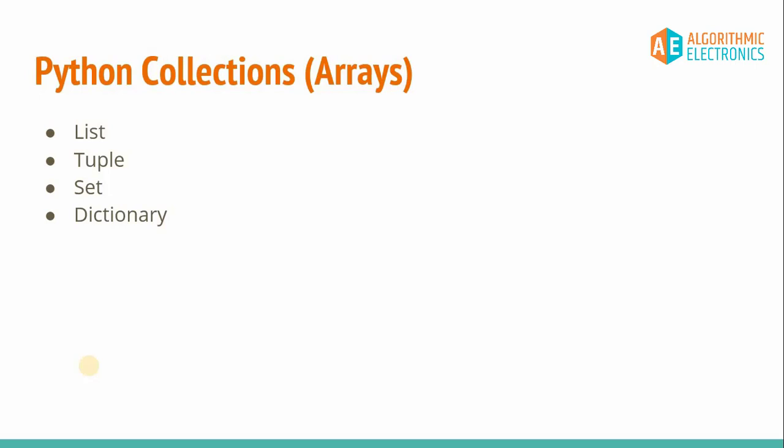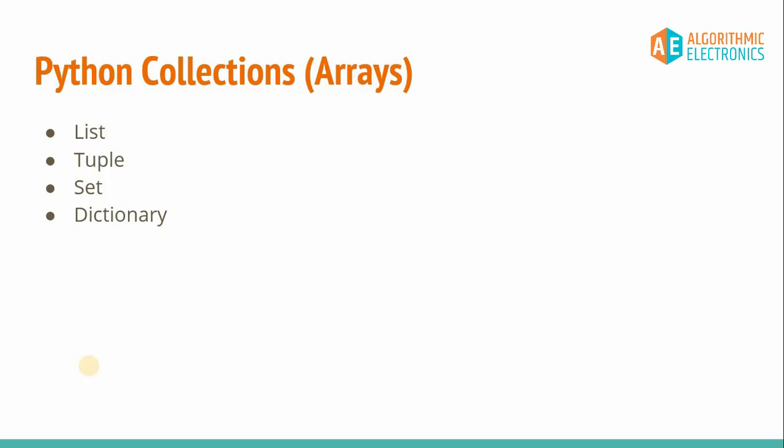This is what happens with normal variables: an integer, a floating point number or even a string variable can hold a single value at a time. But list, tuple, set and dictionaries are called Python collections or arrays, and they are capable of holding multiple values at a time, and we can access multiple values at a time.